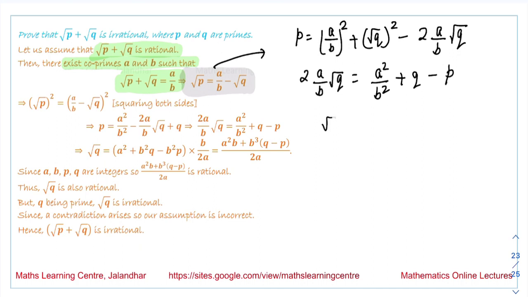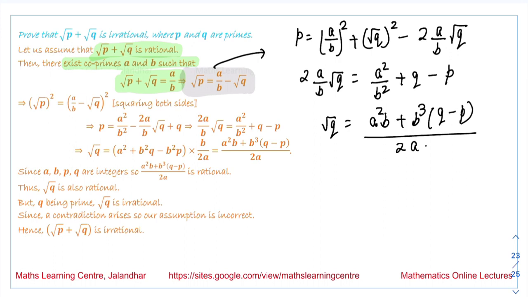So this gives us square root q is equal to (a square plus b square into q minus p) over 2ab. As all these a, b, p, q are integers, we see that this numerator is an integer and this denominator is an integer.